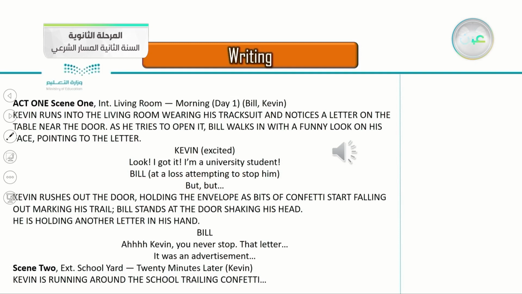Kevin rushes out the door, holding the envelope as a bit of confetti star falls out, marking his trail. So the confetti stars, which were falling from the envelope, made a trail. Bill stands at the door, shaking his head. He is holding another letter in his hand.